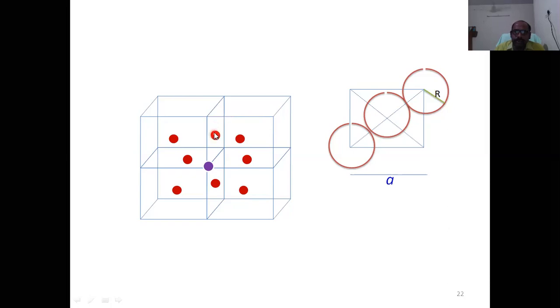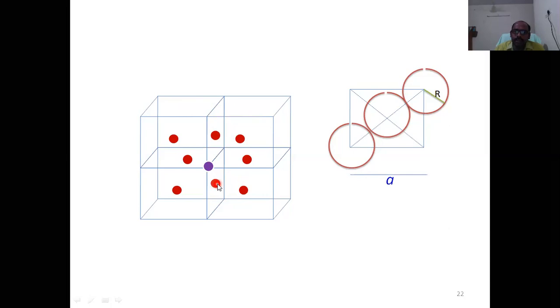So this face is common to these two cubes, therefore it is a face center point. Similarly, it is the face center point for the two cubes, left and right.